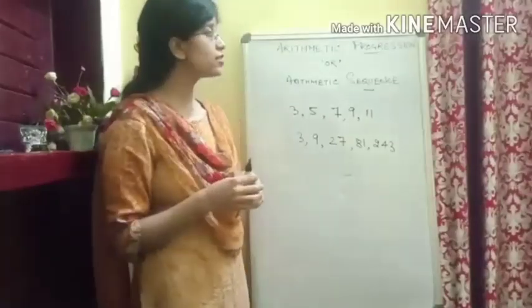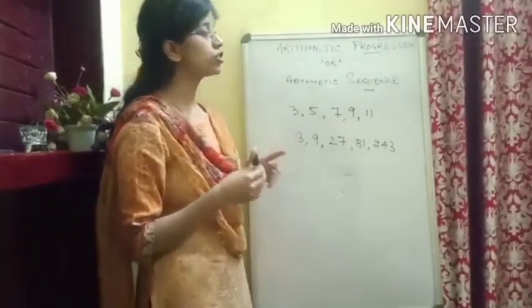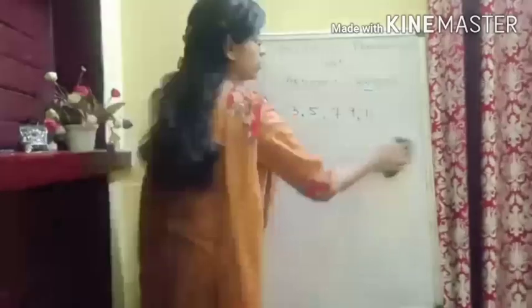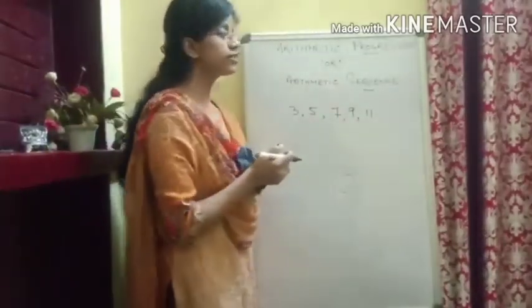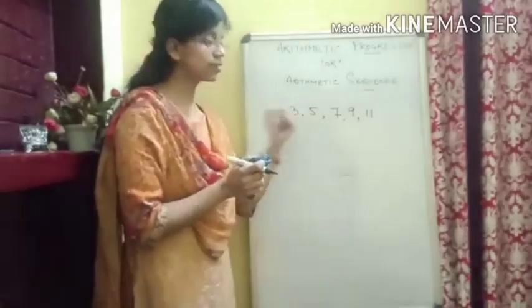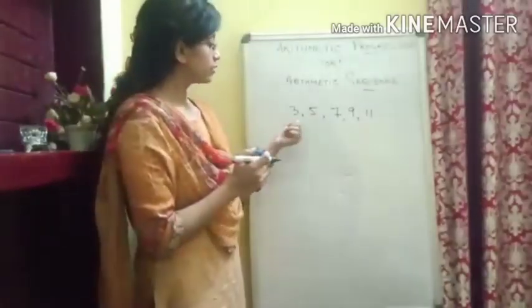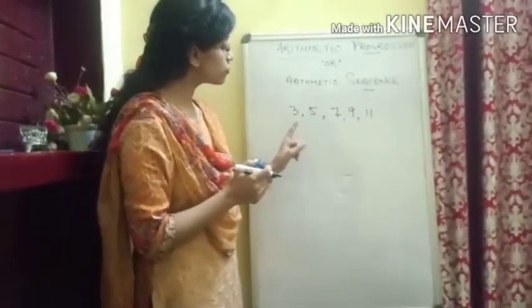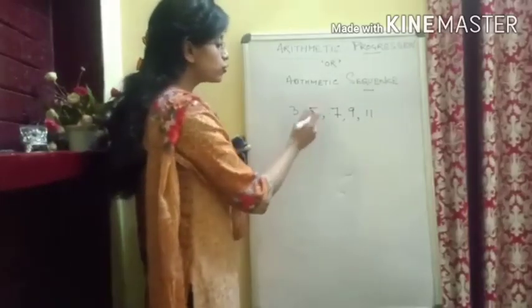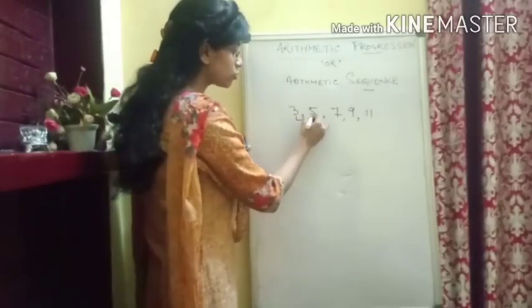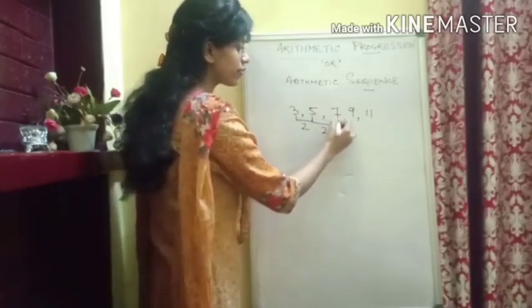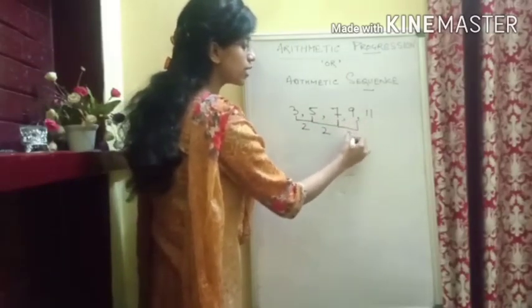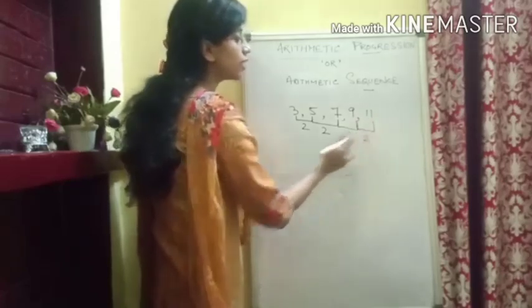After that, let's see what is an arithmetic progression or arithmetic sequence. To see the arithmetic progression, if I take this series, what is there in the series is that when you add 2 to each number, 3 plus 2 is 5, 5 plus 2 is 7, 7 plus 2 is 9, and 9 plus 2 is 11.